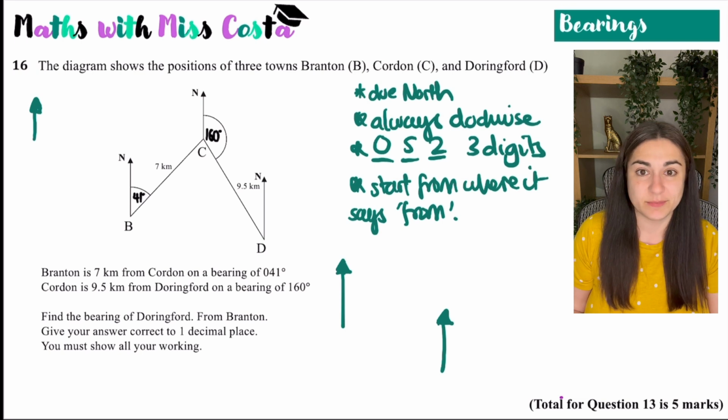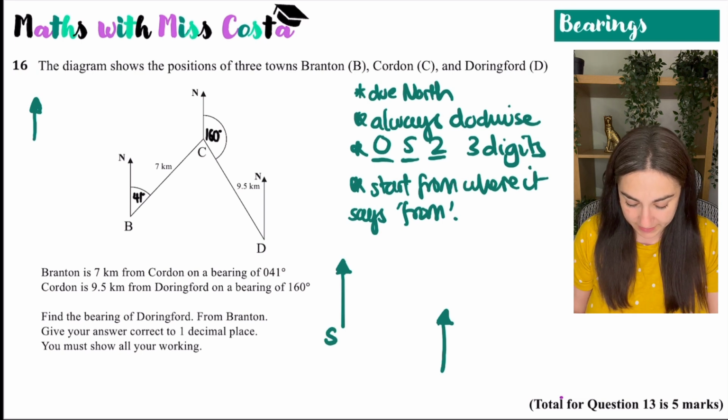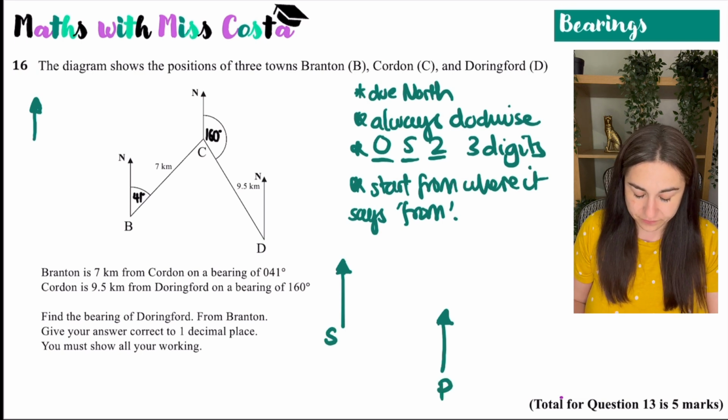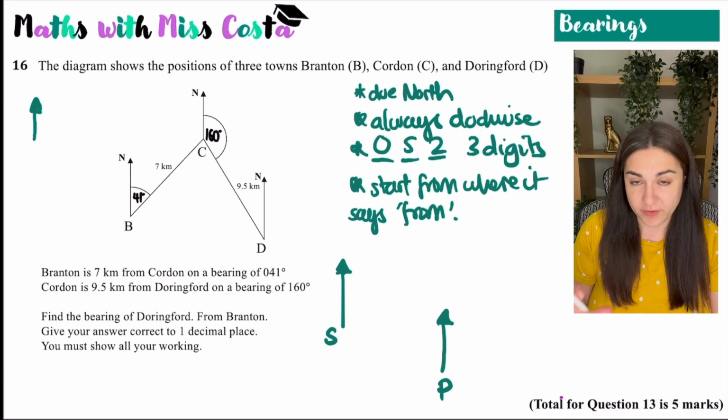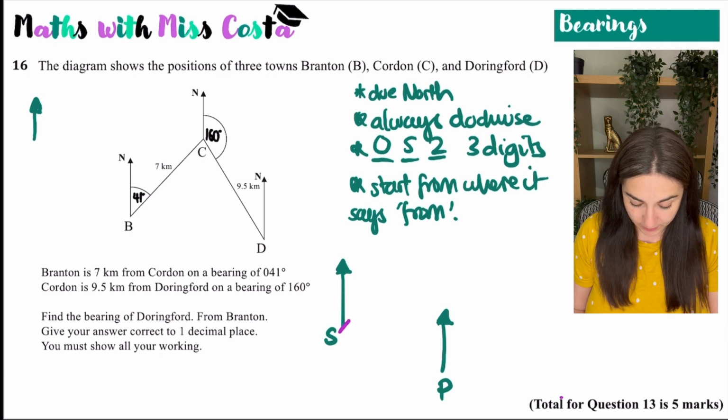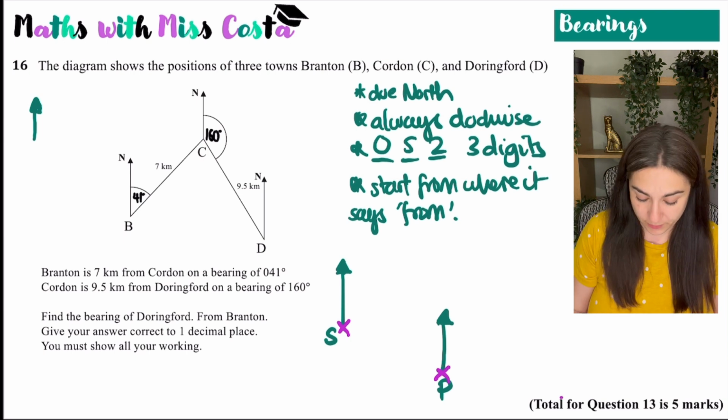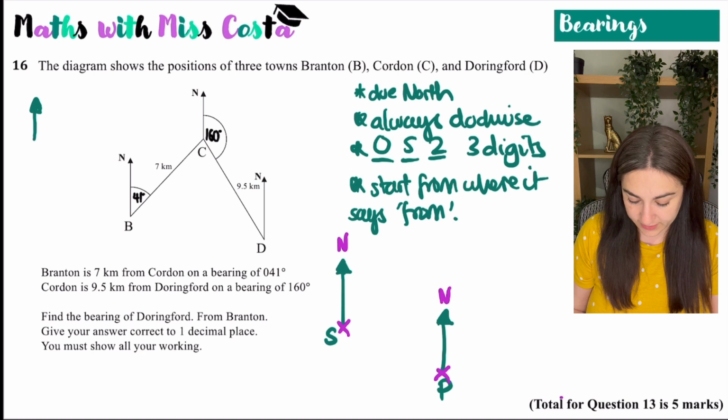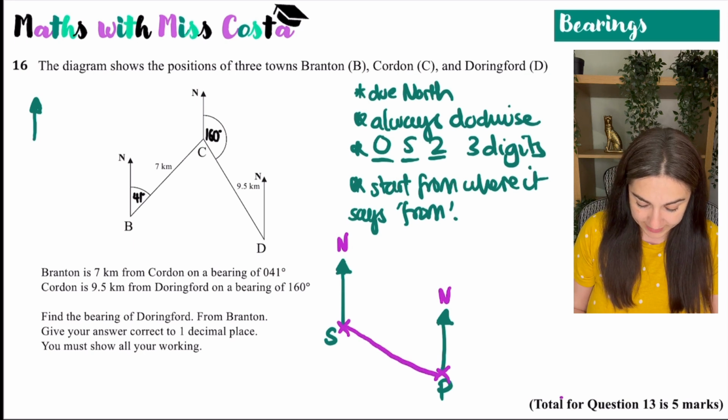So let's just imagine it's a simple bearing where you've got a ship here and a port here. Now what we do is we have our two points, literally this point here is where the ship is, this point here is where P is. And what we can do is draw a line going up north, so draw our little north sign, and just draw a line connecting the two.